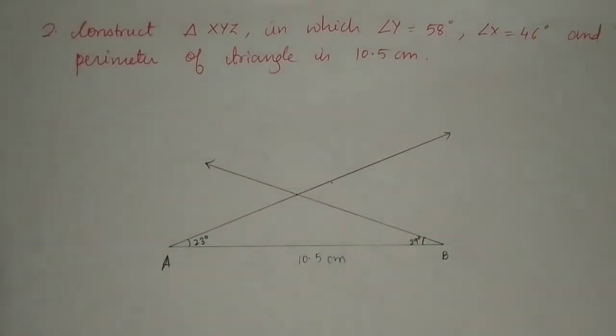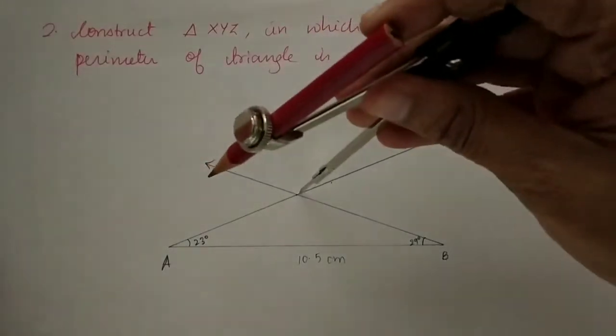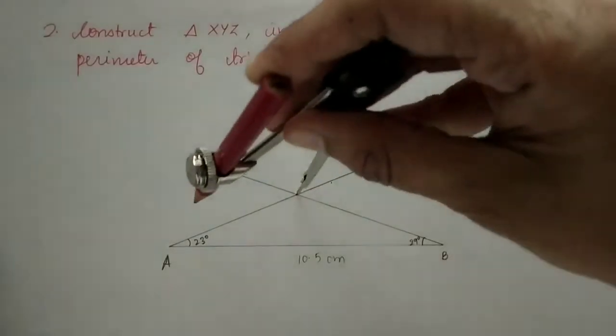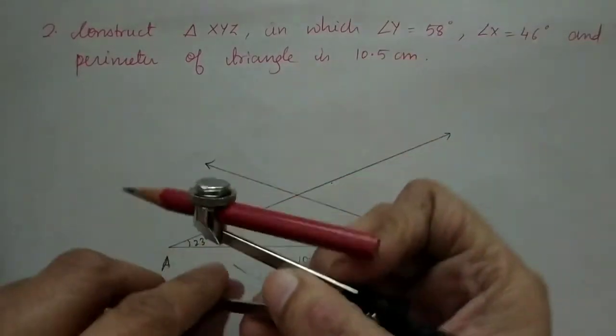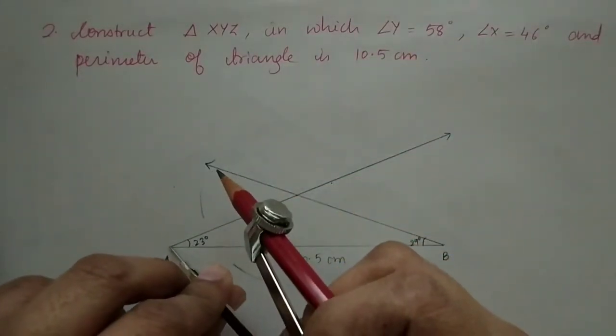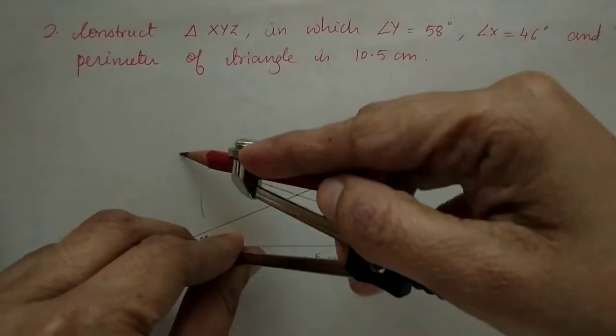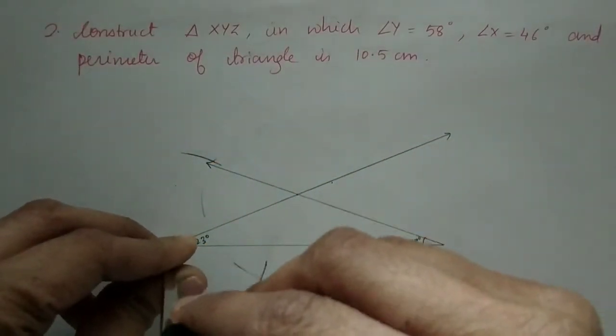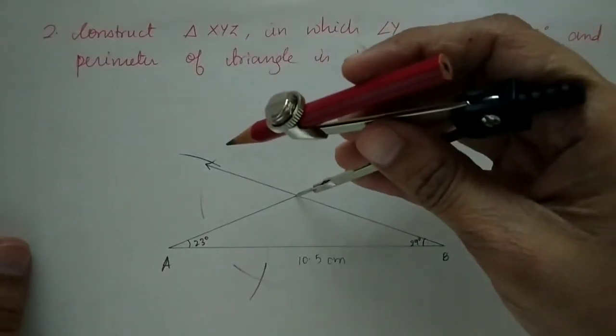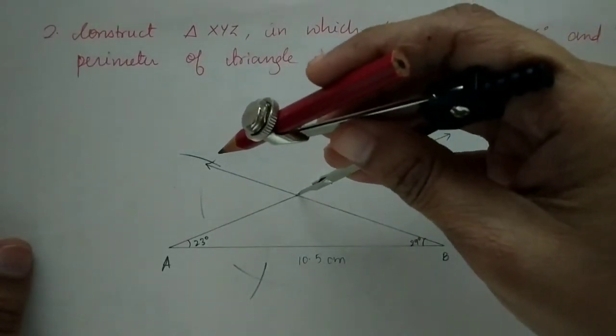We'll be drawing the perpendicular bisectors, but before that we'll write down here 29 degrees. We'll be drawing the perpendicular bisector of these sides. So I'll be placing it here and I'll draw arcs. Similarly, I'll place it here and draw the arcs.